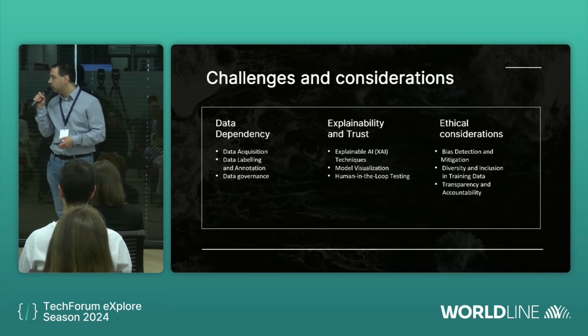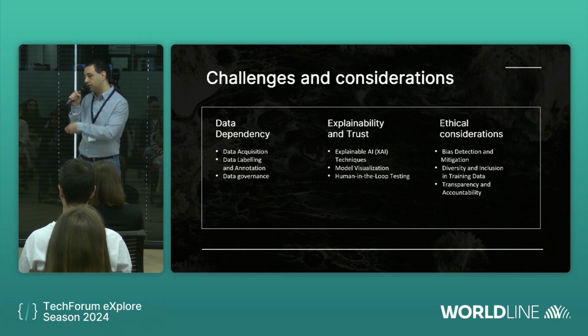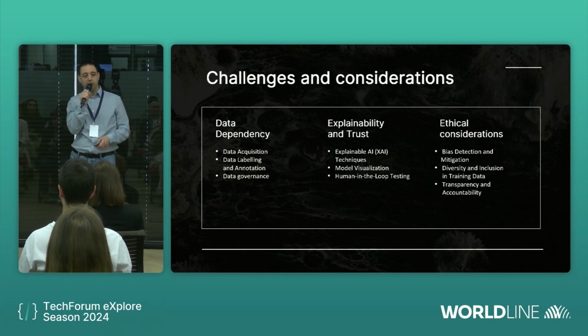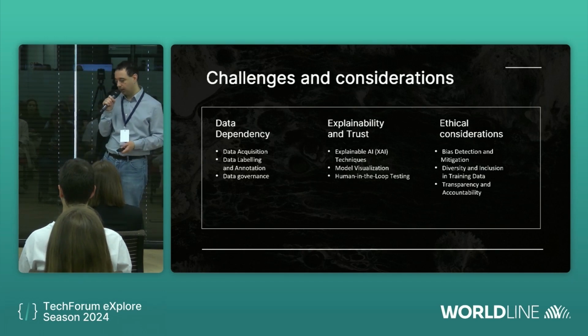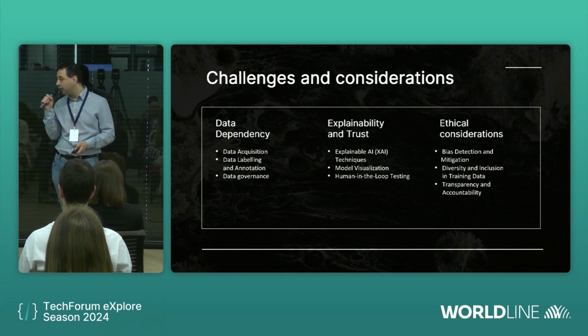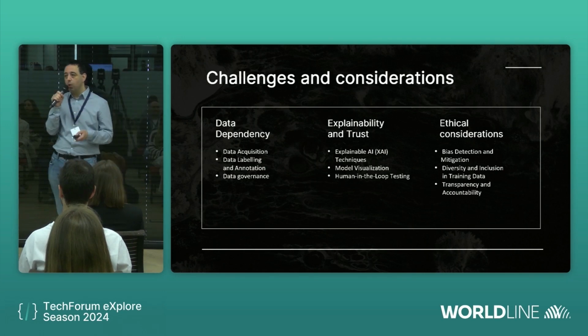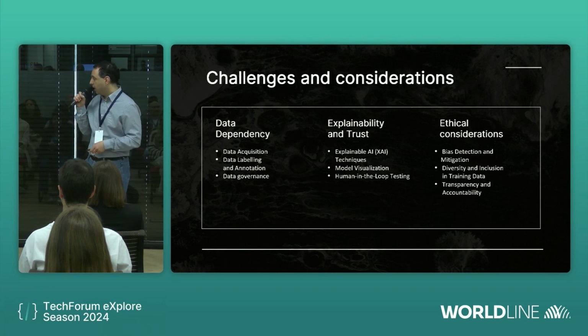Some considerations, right? Maybe you're familiar with this because this is not only for software testing. This is something quite common with the generative AI tools. You have to take into account that there is some data which you need to feed your models, and you depend on them. So you might want to know where the data comes from. You want to have some control over this data.